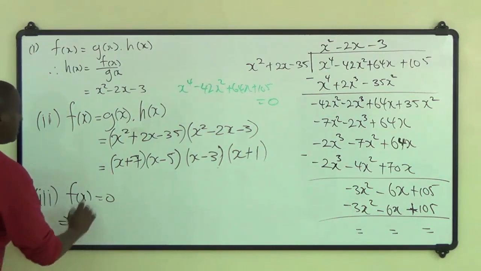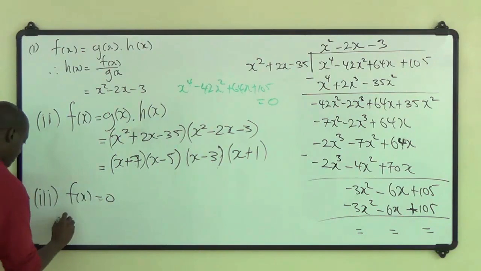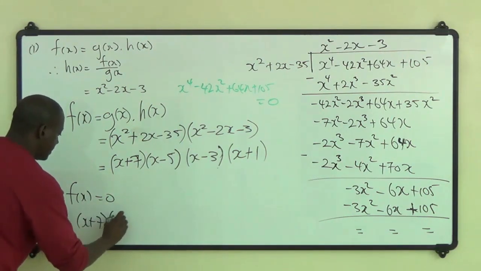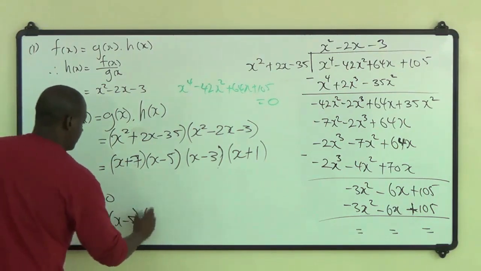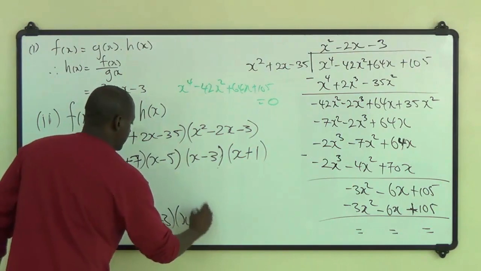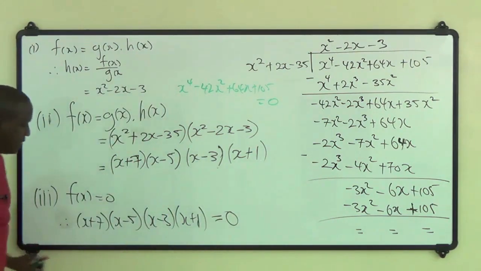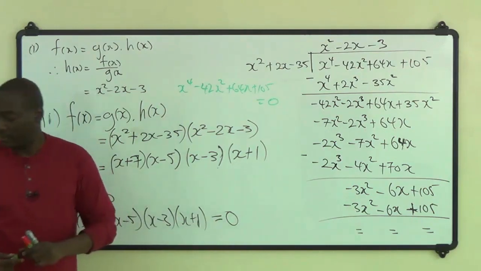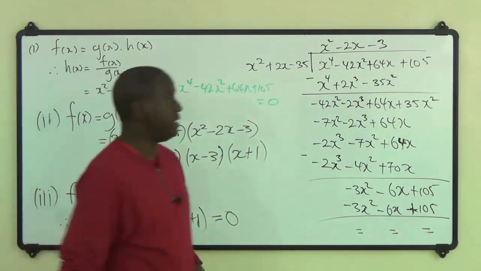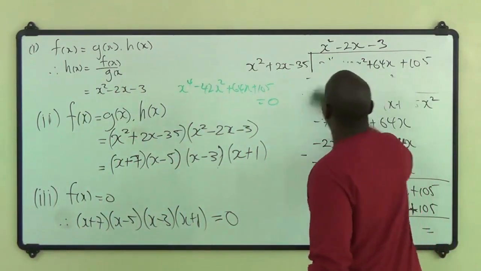Therefore, x plus 7 into x minus 5 into x minus 3 into x plus 1 is equal to 0. And this is where we go back now to the irregular arithmetic that we were doing in your CSEC maths in question 2. So I'm going to rub off this side of the board now to finish the question.